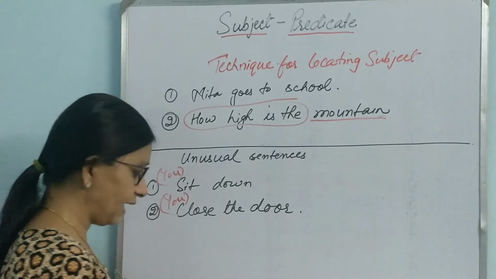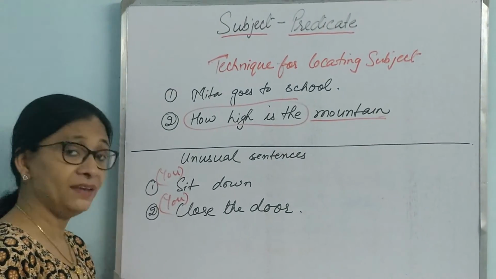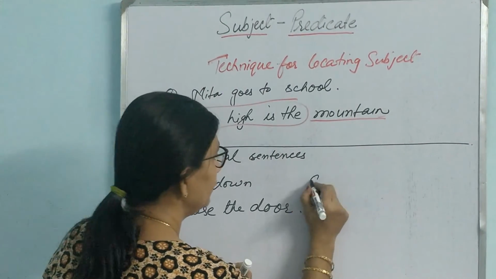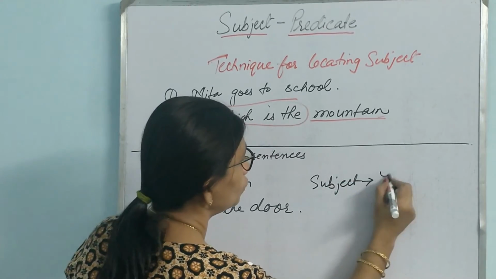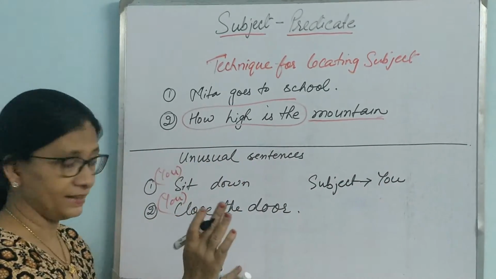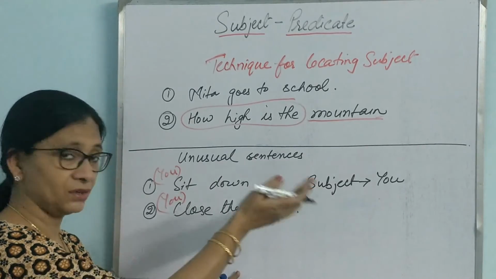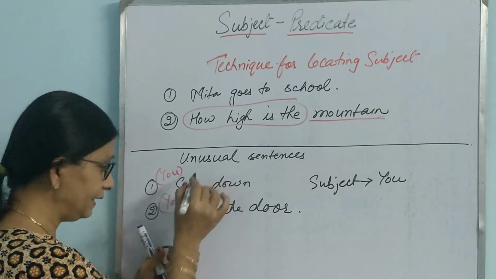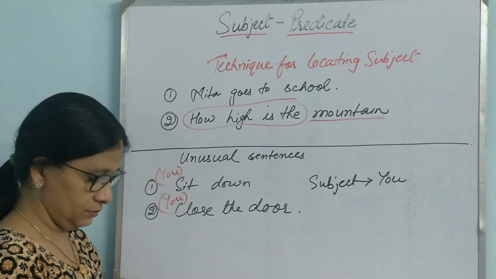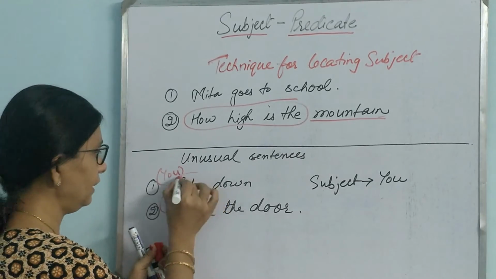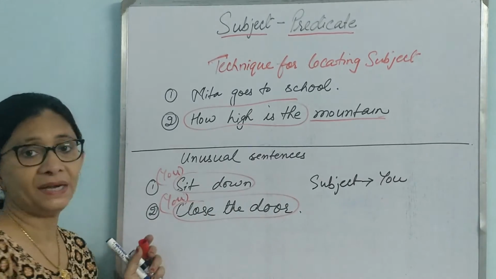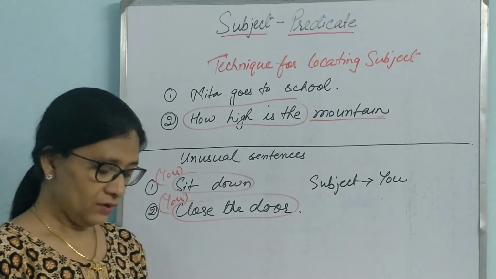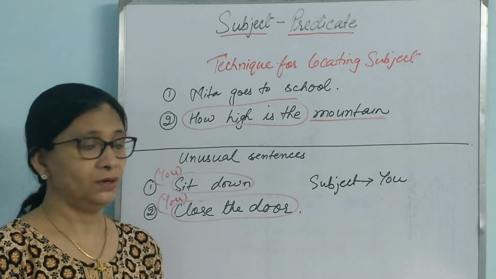So in this kind of sentence, the subject will always be you. Though it is not seen in the sentence, you have to write it yourself. The entire thing will be the predicate. Close the door is the predicate, and the subject is you, which you have to write yourself.